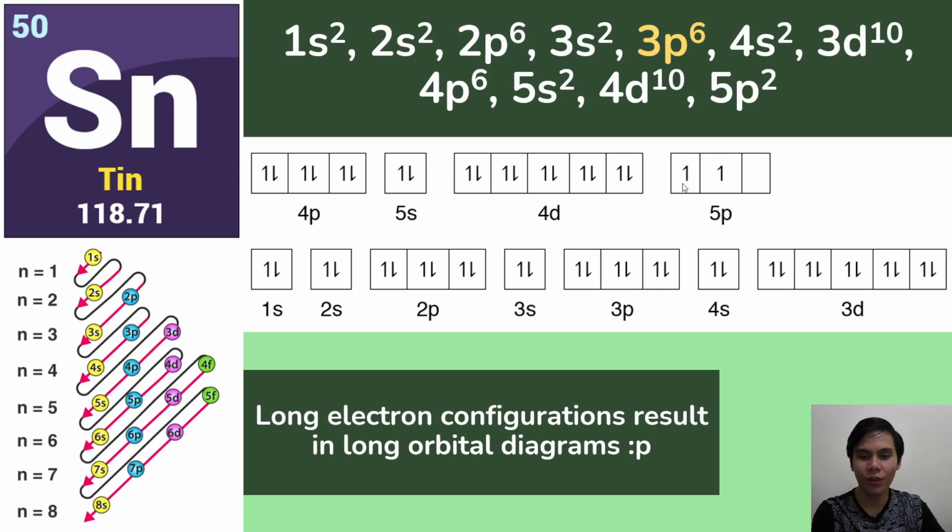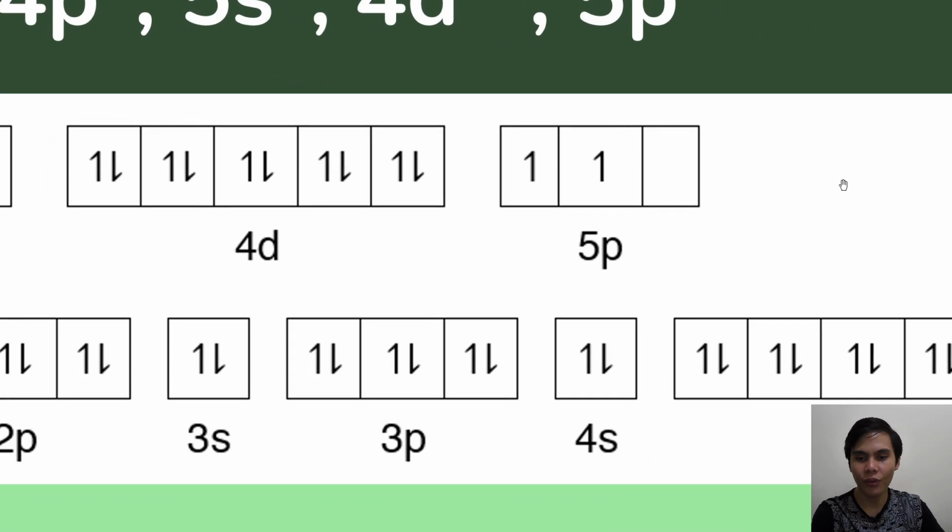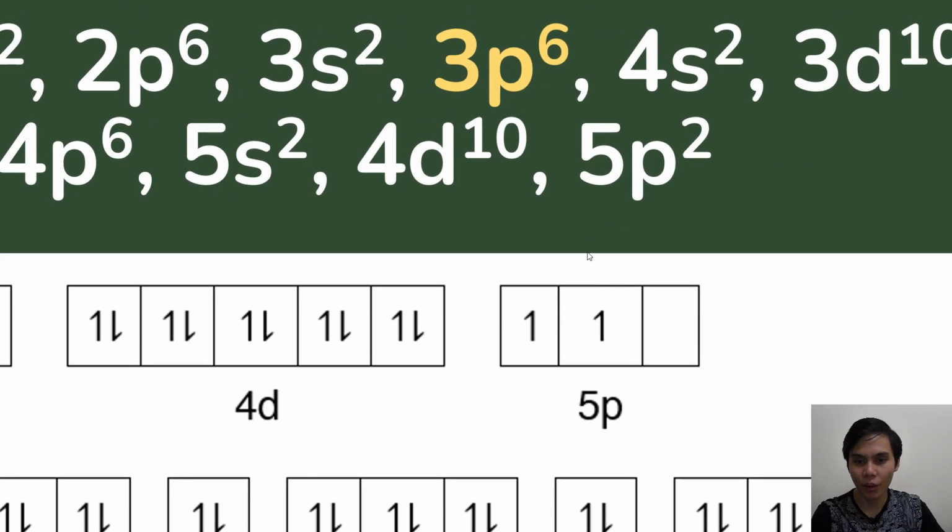For example, let's focus on the last electron of your tin. The last electron that we put into our orbital diagram is over here, this one. So we can identify the 4 quantum numbers based on this orbital diagram. First quantum number is 5, second quantum number is P. In terms of the number itself, S is 0, P is 1. So the azimuthal number is 1. Your magnetic quantum number is the label of the box.